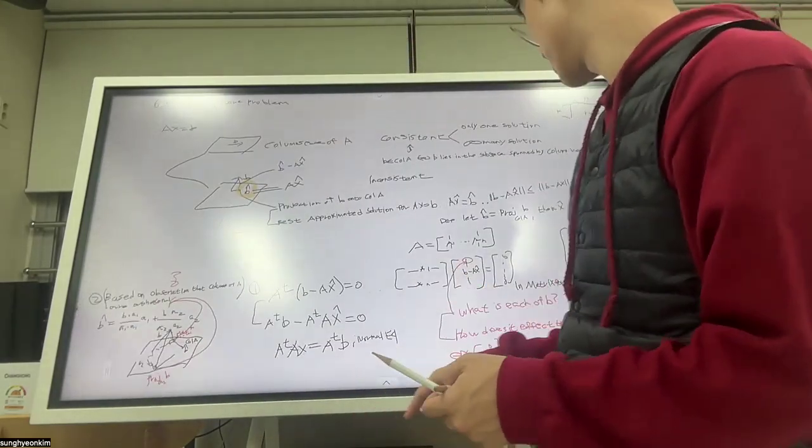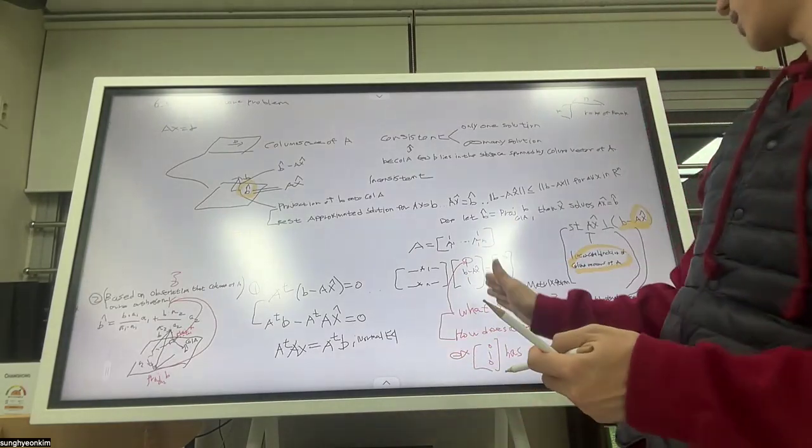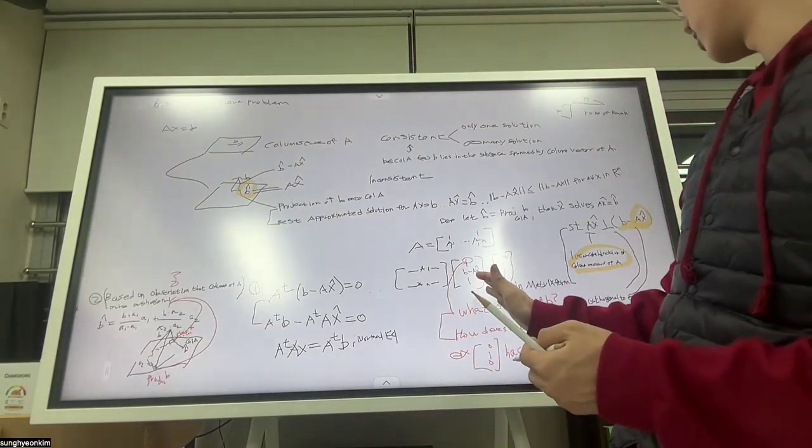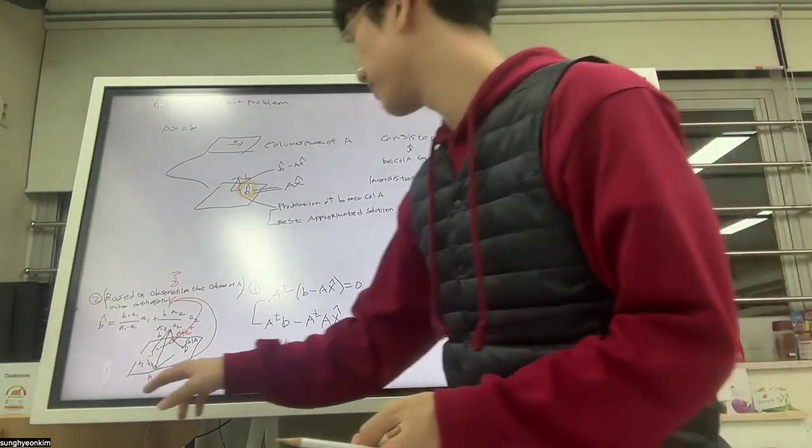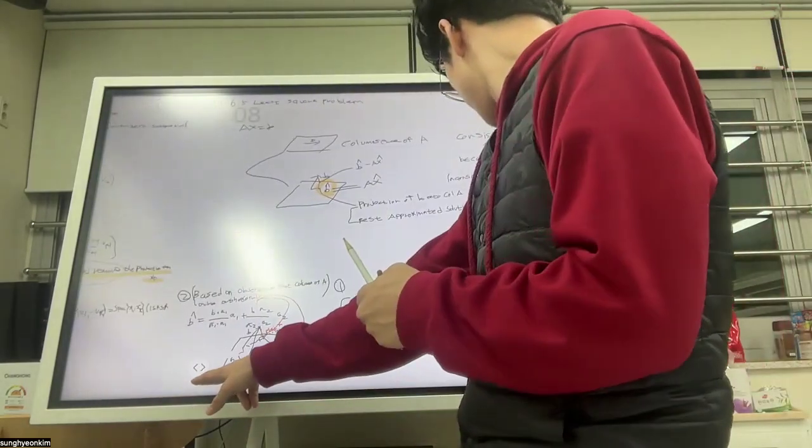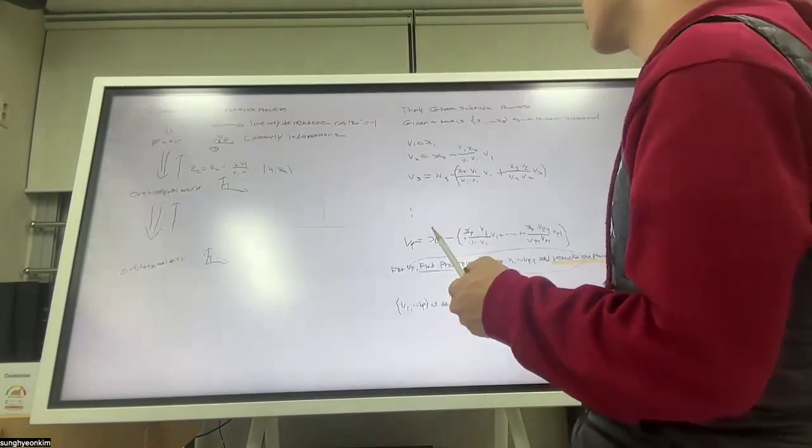For each of the problems: what is h of b? How does it affect the number of solutions? And b has only one solution.